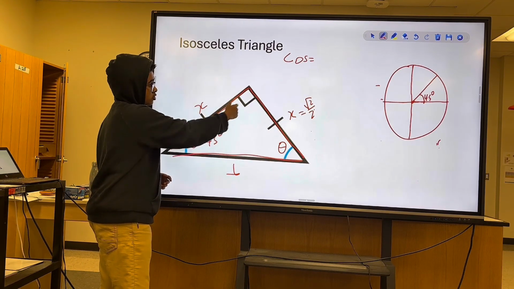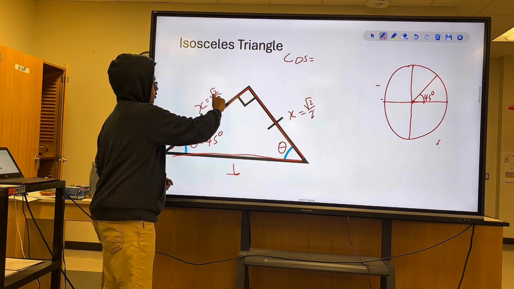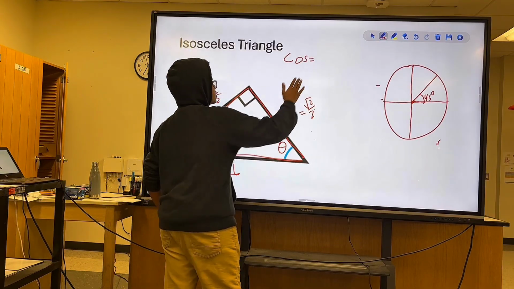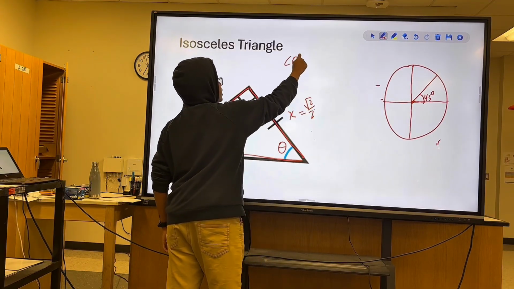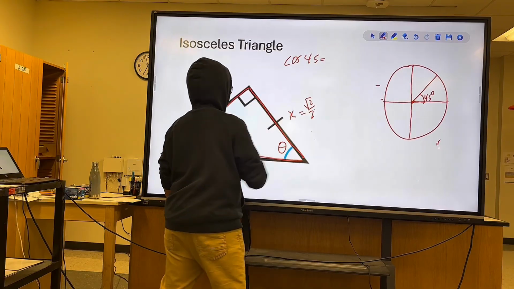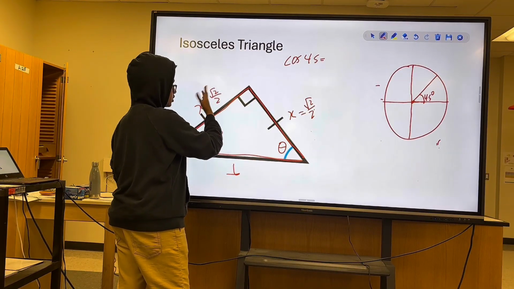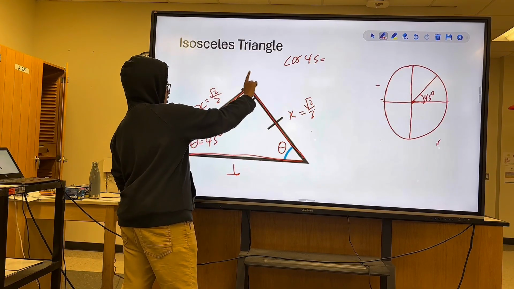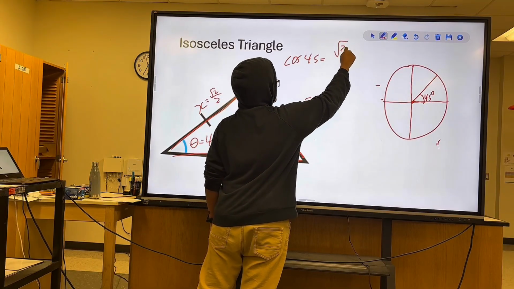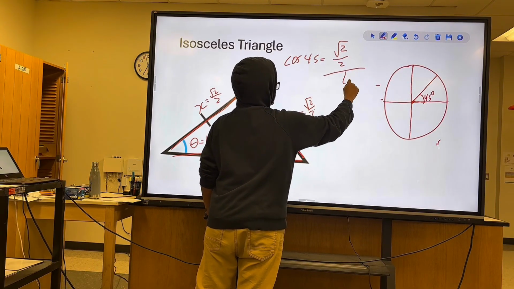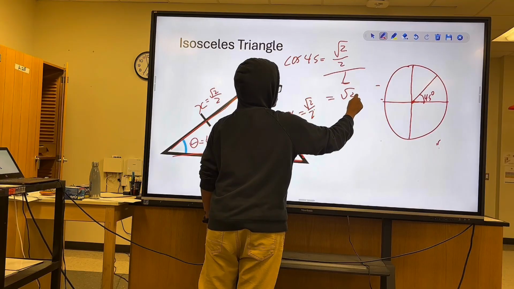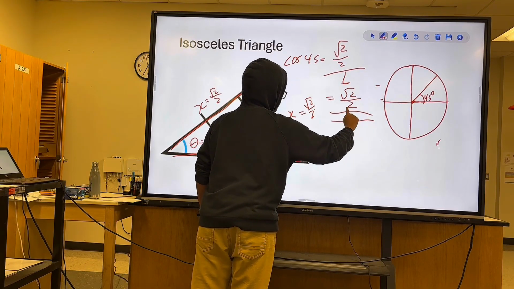This side is also square root 2 over 2, since we already solved for x. So cos of 45 is going to equal the adjacent, which is this side, square root 2 over 2 over 1, which is just square root 2 over 2.